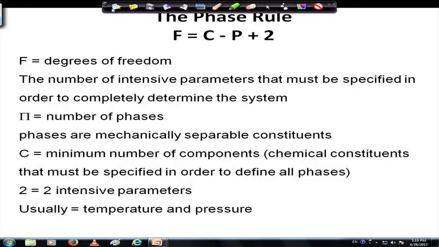This same water, if it is kept in equilibrium with its vapor, suppose there is a container, we have water and water vapor above it, and the 2 phases are in equilibrium with each other. In this case, you tell me what is the minimum number of properties which must be specified. C is 1 here, P is 2 here.